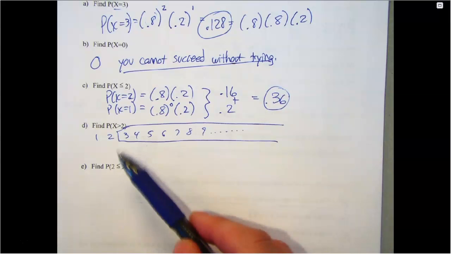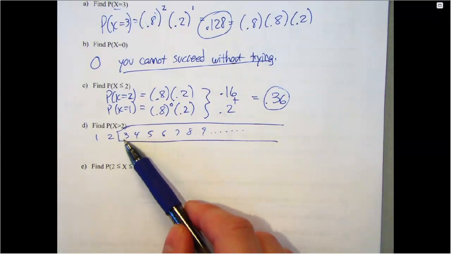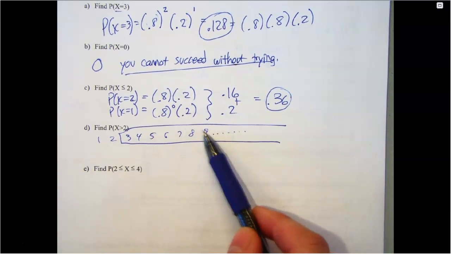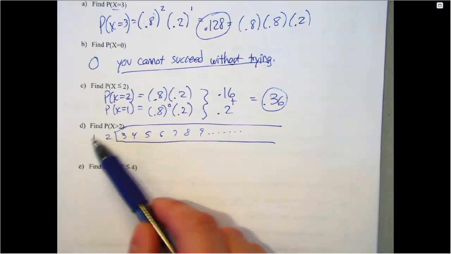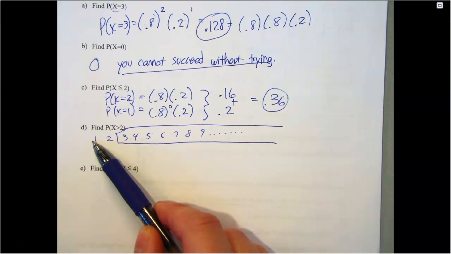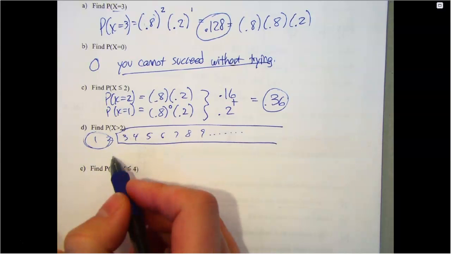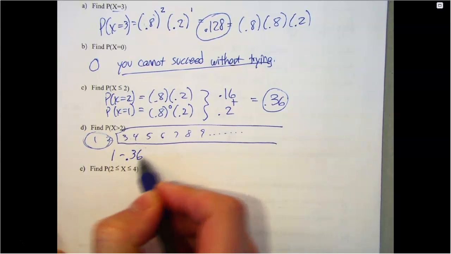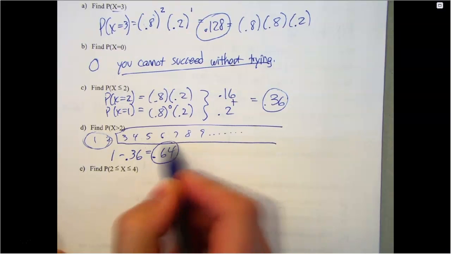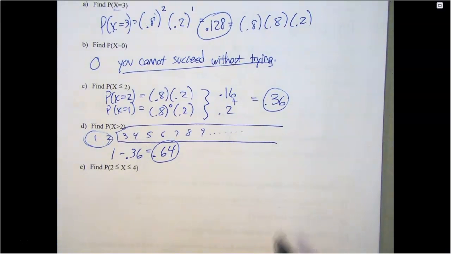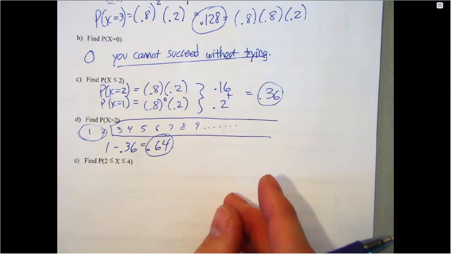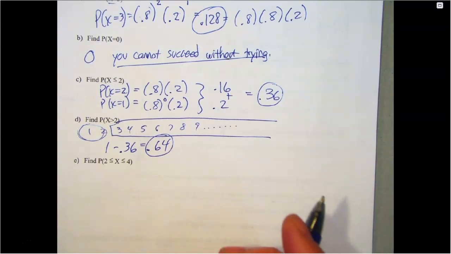But I'm not going to write the formula for 3, 4, 5, 6, 7, 8, 9. I'm going to find 1 and 2, and then subtract it from 1. So didn't I just find this in the previous question? So can I just subtract that from 1 and that's my answer? So you guys try E.